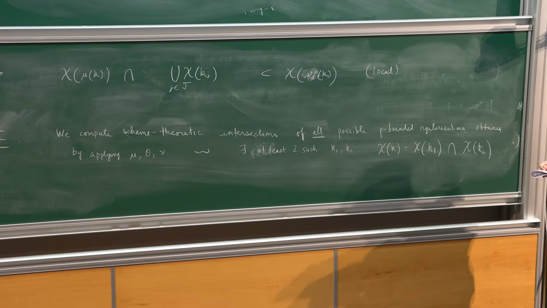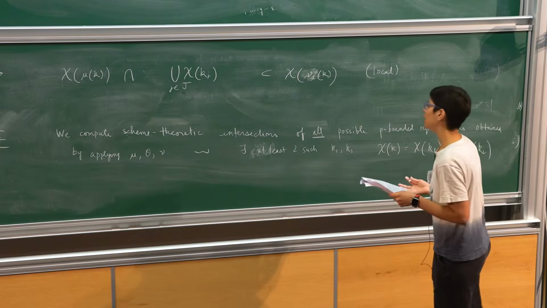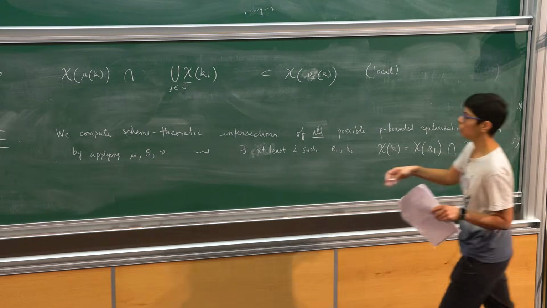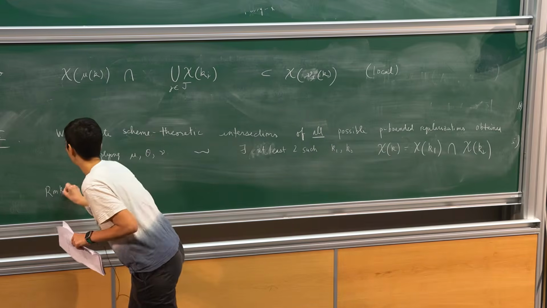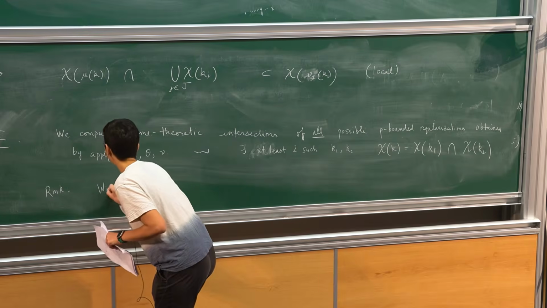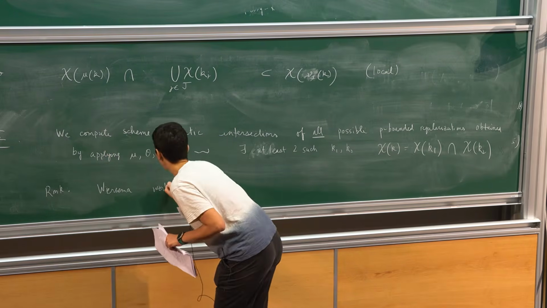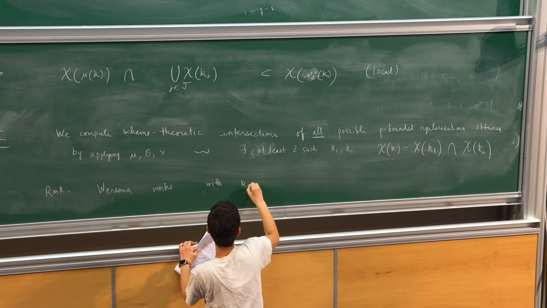The second comment I want to make is, I want to point out the work of Hanneke Wiersema, who has recently put out a paper on the arXiv. So she works in the setting, remark, Wiersema works in the setting where these k taus are between 1 and p.